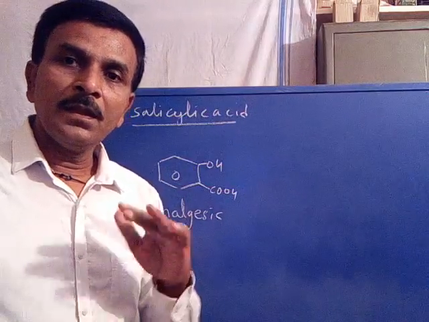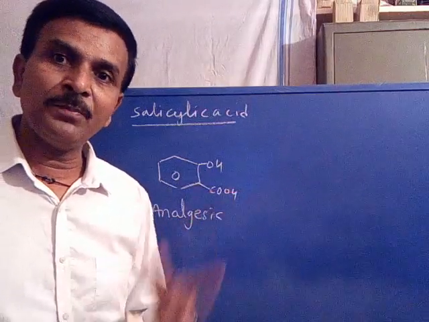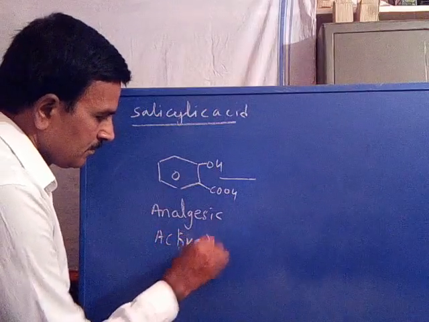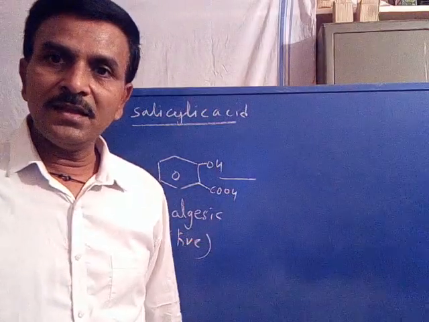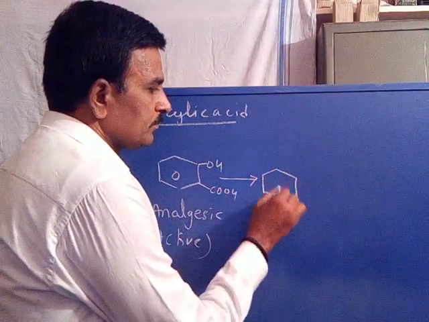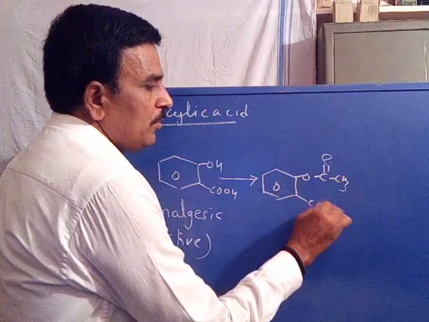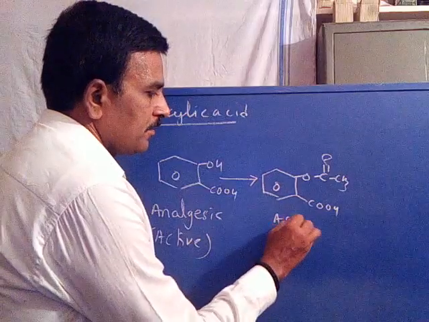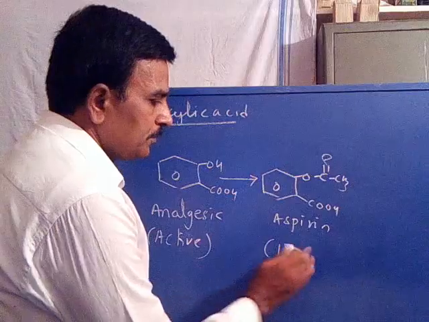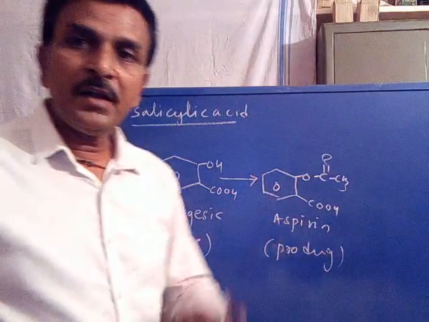Therefore, it is transformed into acetyl salicylic acid, called aspirin. Salicylic acid is the active drug. Now it is transformed into OCOCH3, COOH, aspirin, which is inactive, a prodrug.